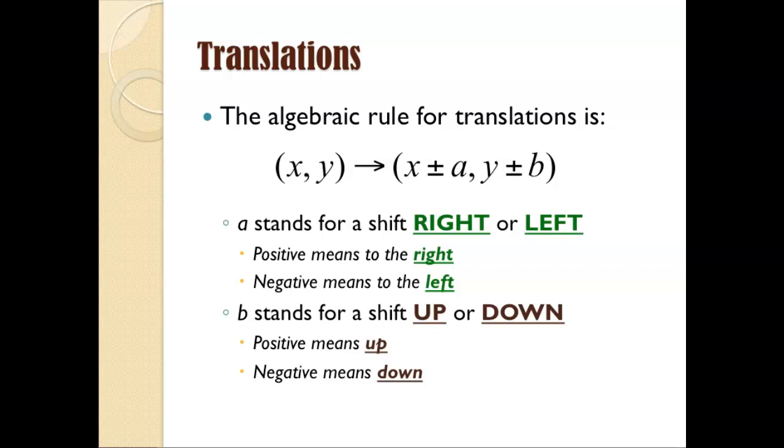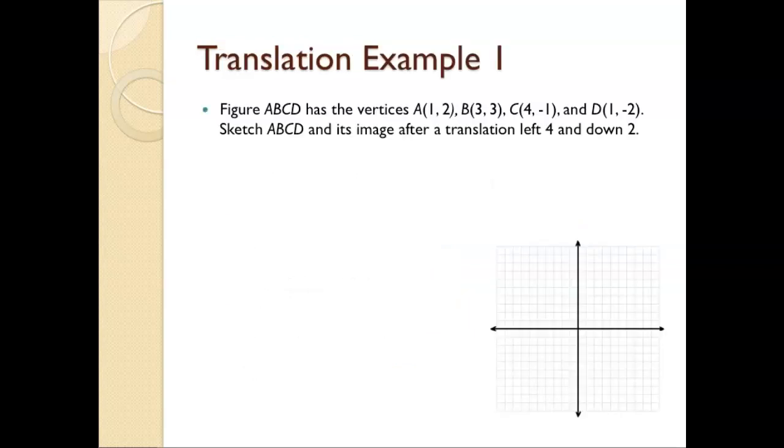Let's take a look at an example of a translation. Figure ABCD has the vertices A at 1, 2, B at 3, 3, C at 4, negative 1, and D at 1, negative 2. Sketch ABCD and its image after a translation left 4 and down 2.